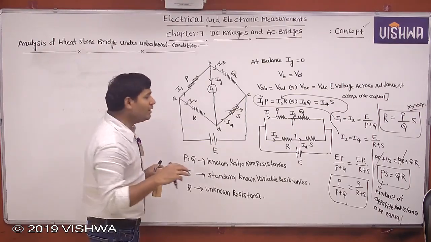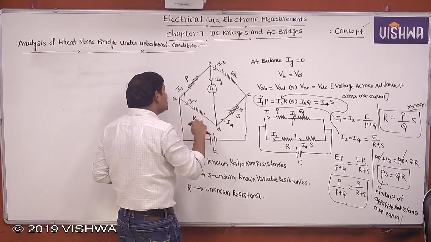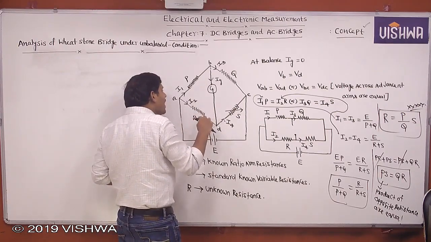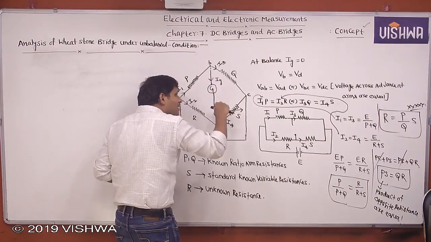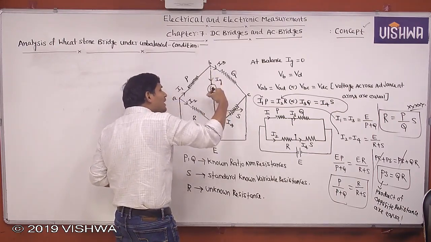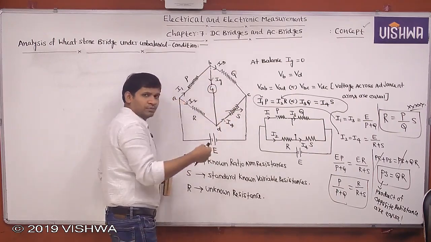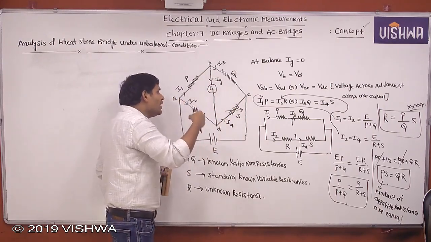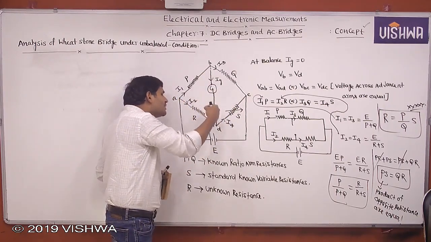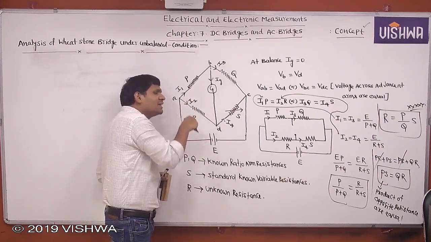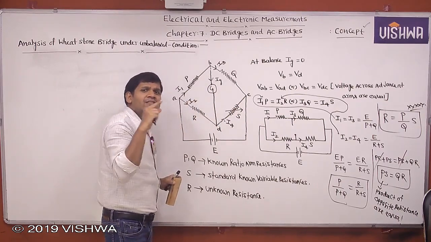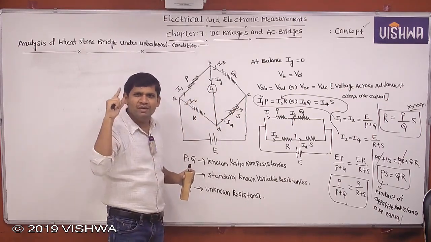Then if we measure the unknown resistance under that condition, it is not an accurate value. Clear? That's why, whatever galvanometer we select must detect even small currents. For that, the galvanometer must have high sensitivity. This is a very, very important statement.